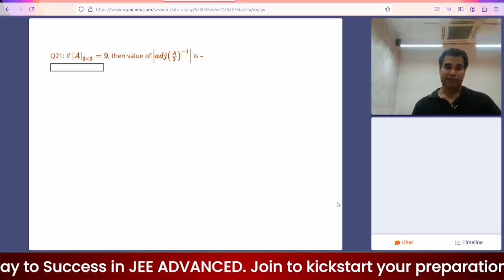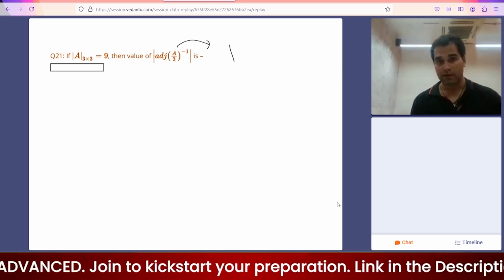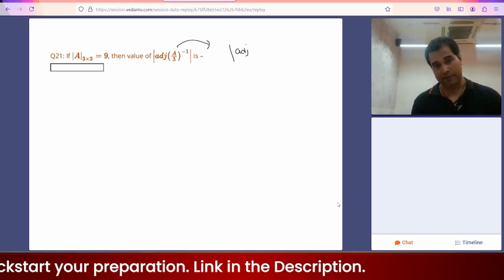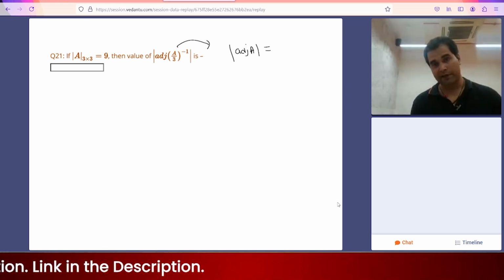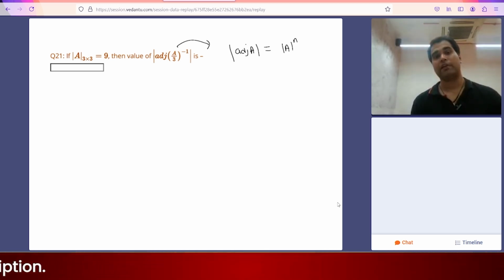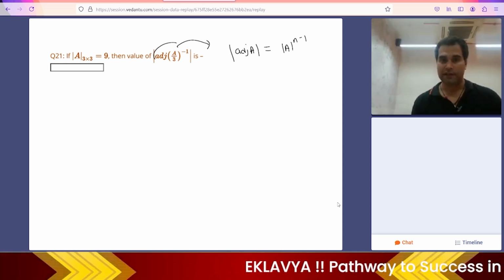Now let's go to question number three. In this given question, by using the property of adjoint, the determinant of adjoint of A is determinant of A to the power n minus 1.